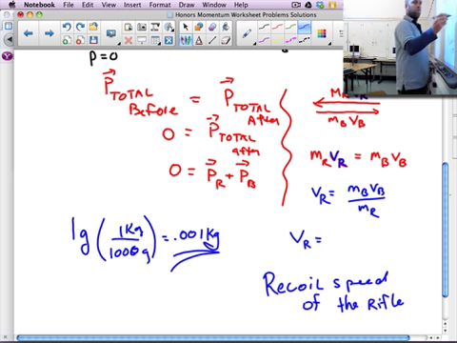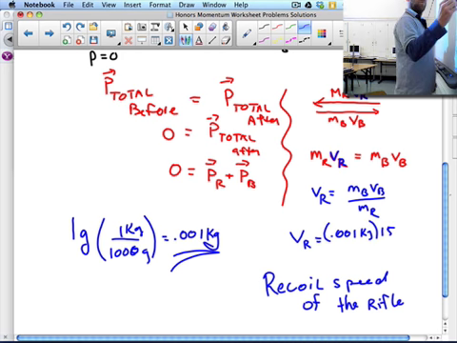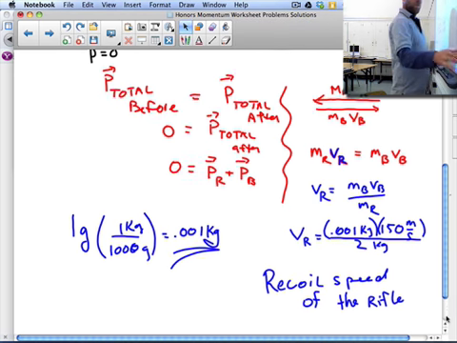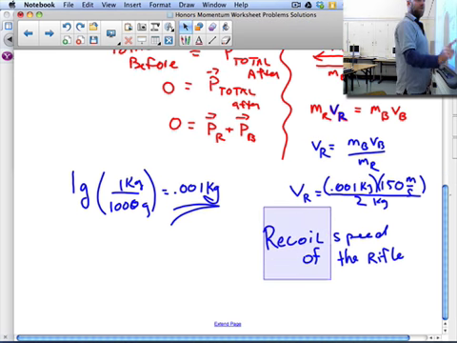So 0.001 kilograms times our muzzle speed, 150 meters per second, divided by our 2 kilograms. And this should give us a recoil speed for the rifle.